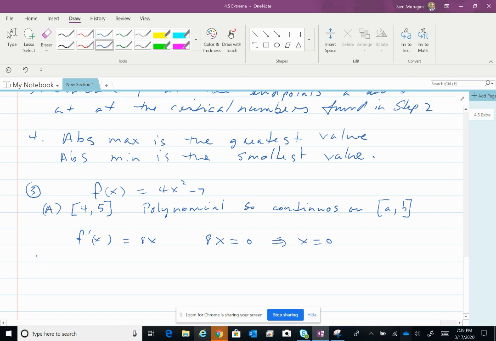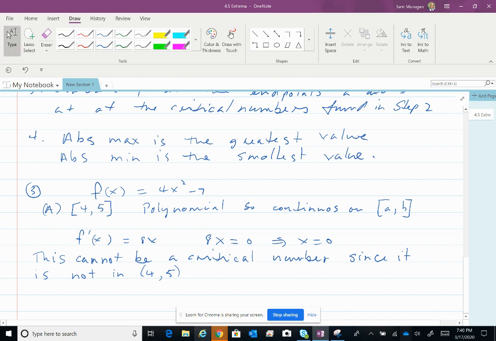However, this cannot be a critical number since it is not in the interval 4 and 5. 0 is not between 4 to 5.